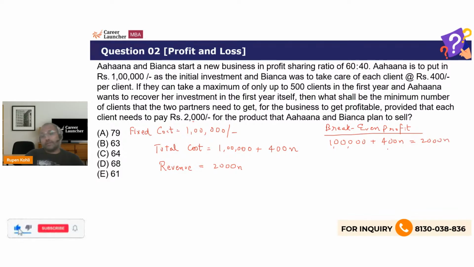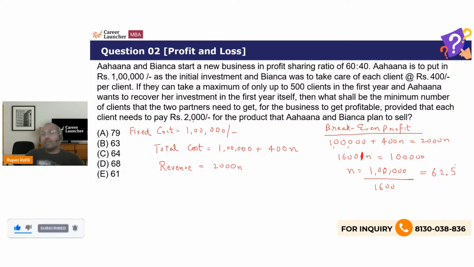Total cost equal to revenue. So 1600 n is 1 lakh, and n is therefore this 1 lakh divided by 1600. You divide this, you get 62 and a half.